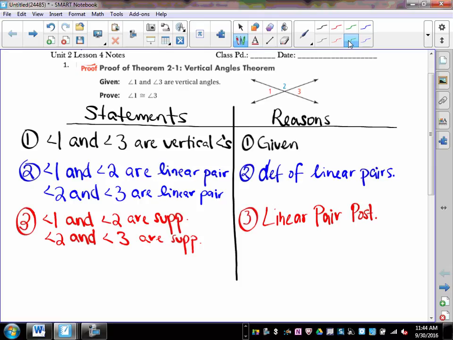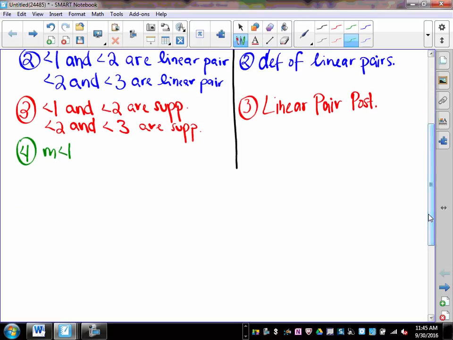Now that I know they're supplementary, what do I know? The measures add up to be 180. Equation here. The measure of angle 1 plus the measure of angle 2 equals 180 degrees. The measure of angle 2 plus the measure of angle 3 equals 180.